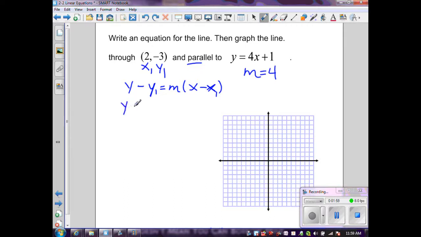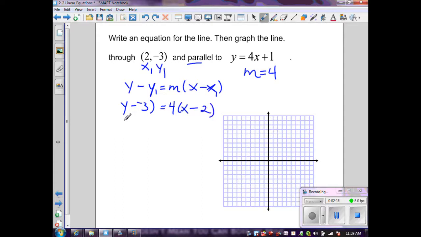Substituting, y minus y1 is y minus negative 3, m is 4, x minus x1, which is x minus 2.